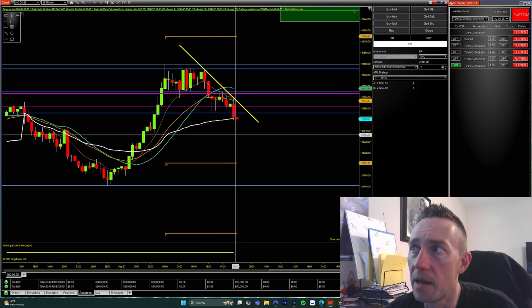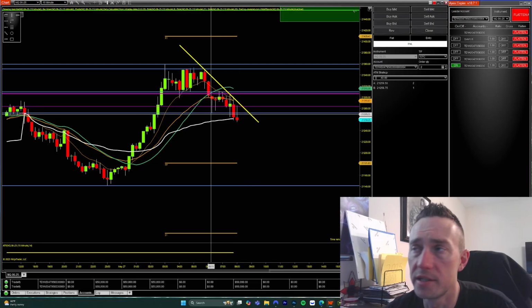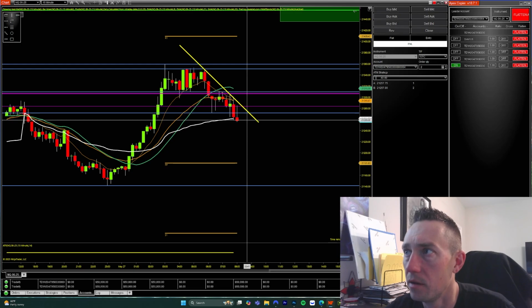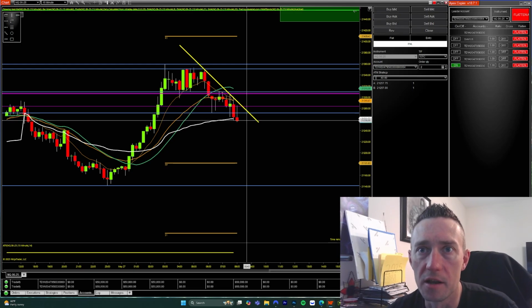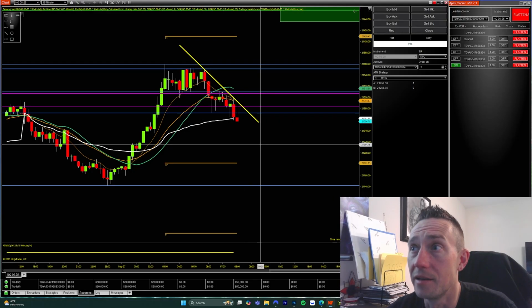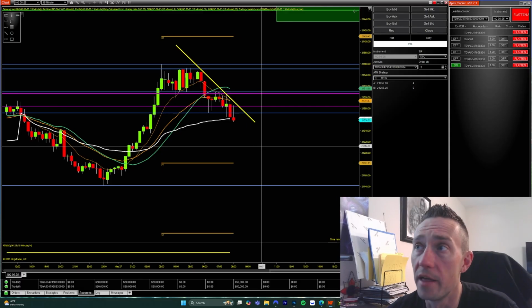Like the VWAP can't be in the way, a major support or resistance can't be in the way. I need to see some momentum in my favor before I take a setup. So I'm just going to sit and wait. I might end up waiting until market opens here in about 30 minutes and then see if we get some strong momentum off of that. So just time to wait.